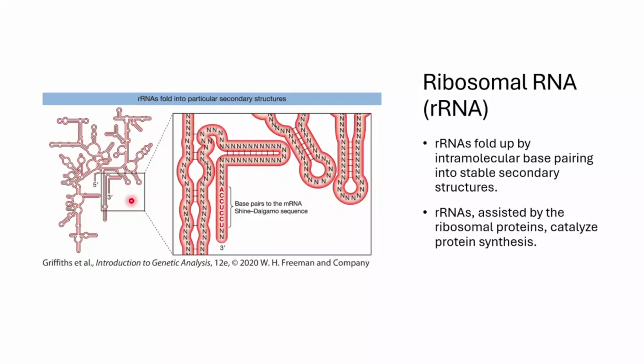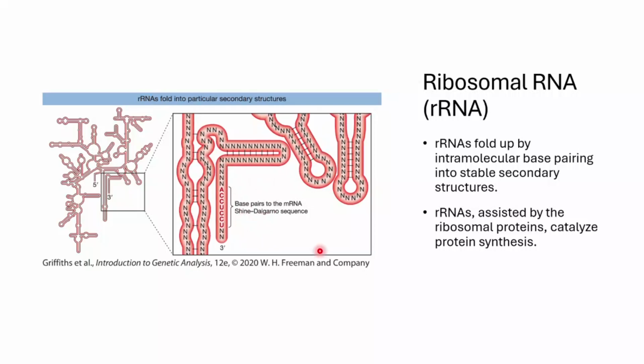And they have one very important part, which is usually the sequence that allows it to bind to the mRNA. So the role of the ribosomal RNAs is to link the ribosome to the mRNA, to hold everything together. They do this by having a specific sequence that recognizes another sequence on the mRNA transcript.